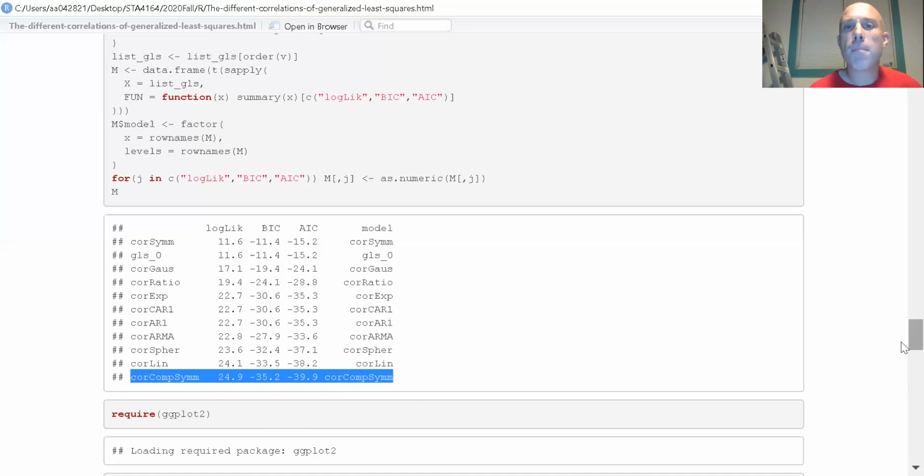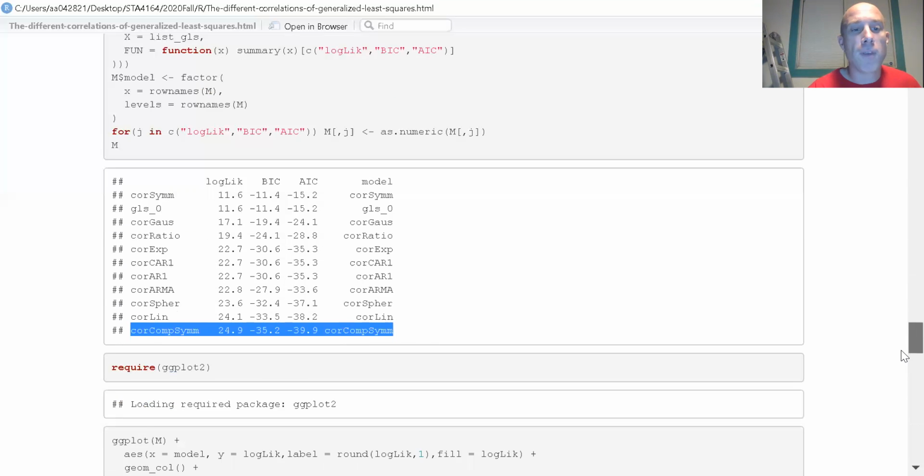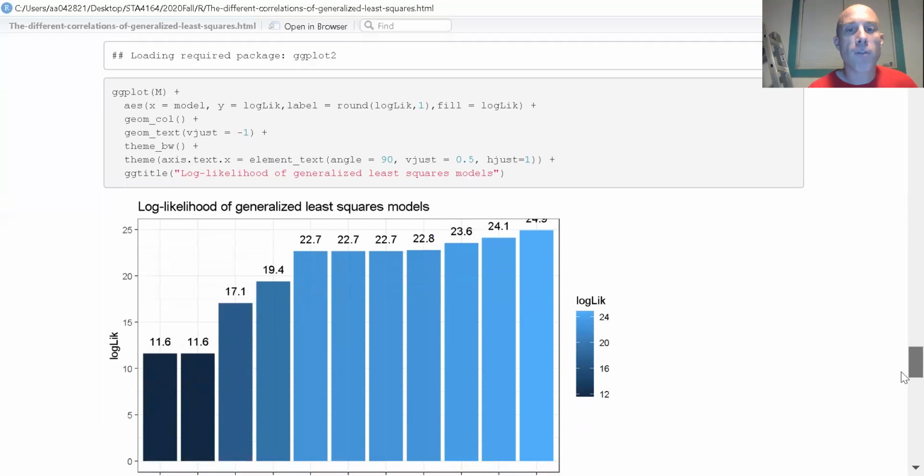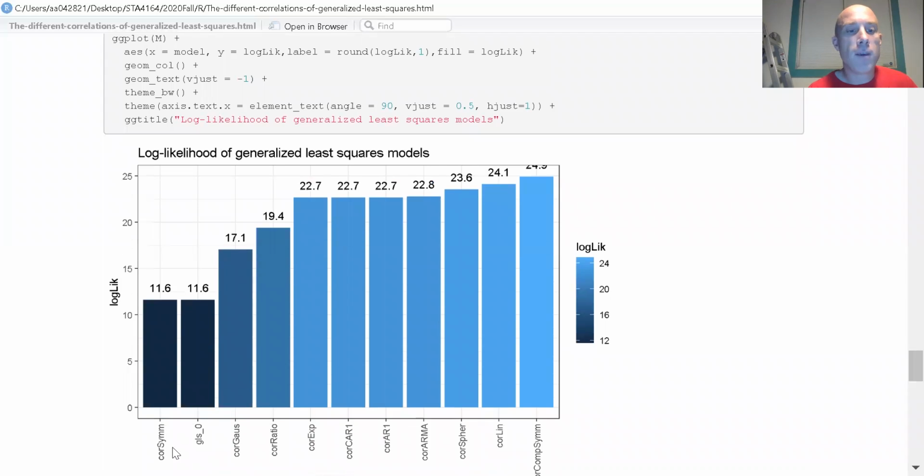All right, so now let's go ahead and plot these. Let's see, is there a big difference? How do we feel about the comparison of these? So I chose to use ggplot to get the bar plots. So I can see vertically, it gives me the log likelihood, and as it goes up.